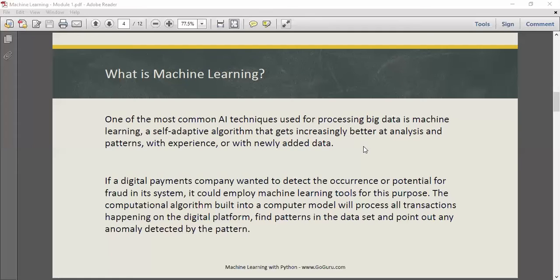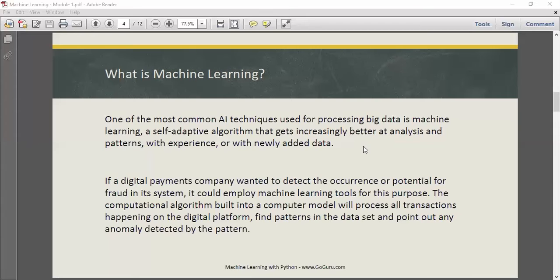So what we're using machine learning for is to process big data, information data that is so huge, using self-adaptive algorithms. The difference between regular algorithms and self-adaptive algorithms is, the self-adaptive algorithm tries to learn as it sees more data and gets better at analyzing things. So the more data you feed, it learns from the data and it gets better with experience or newly added data. So that is what machine learning is.